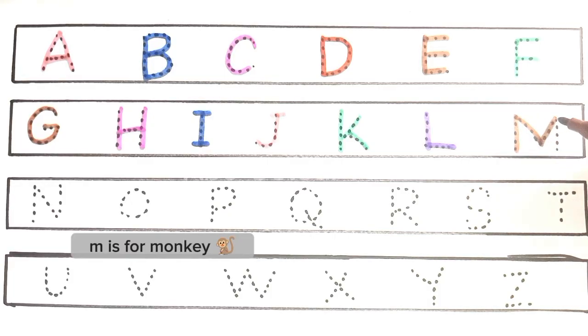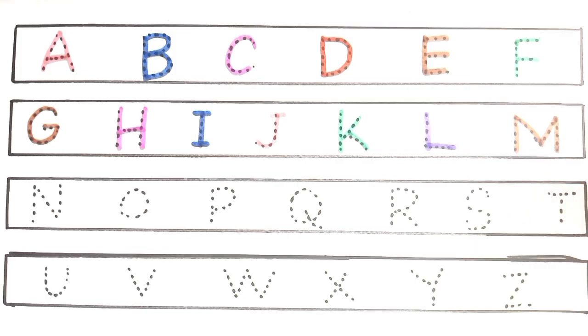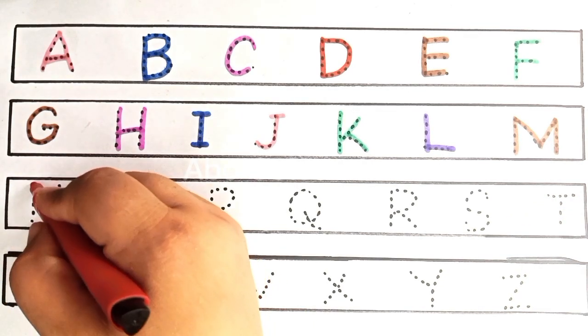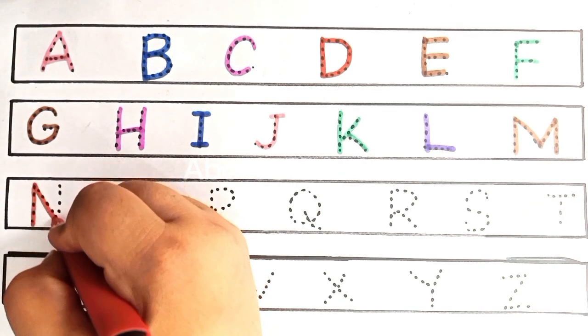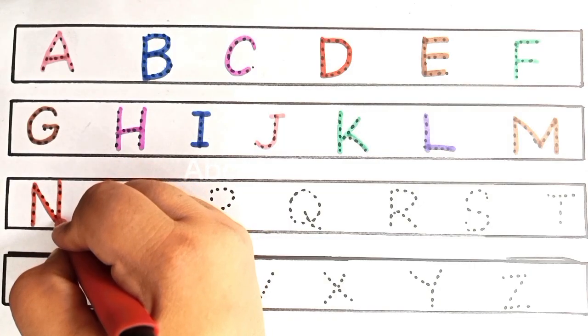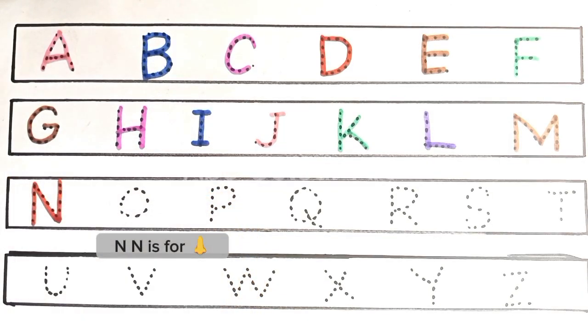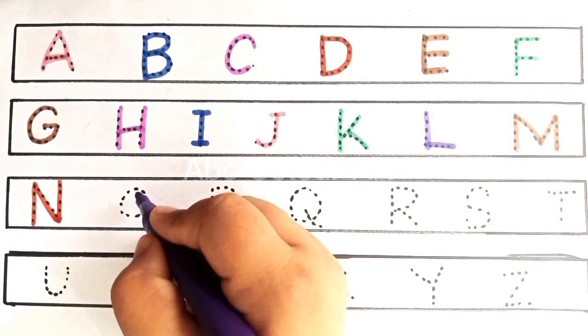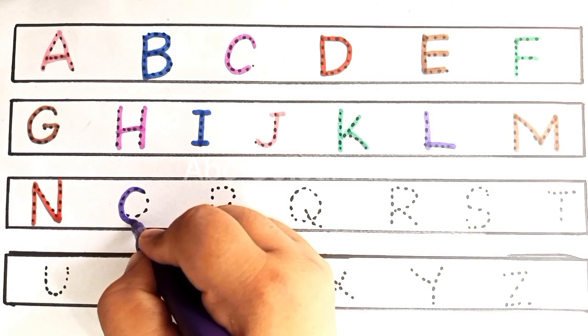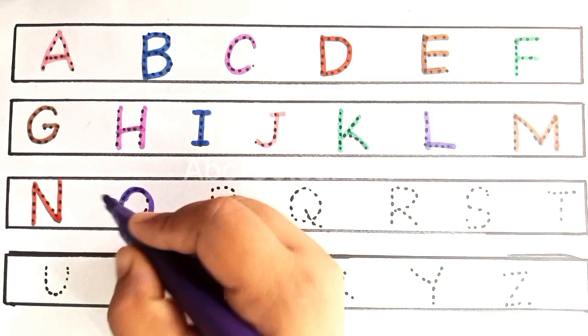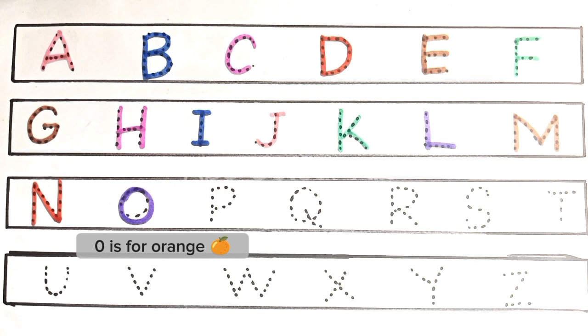M is for monkey. N is for nose. O is for orange.